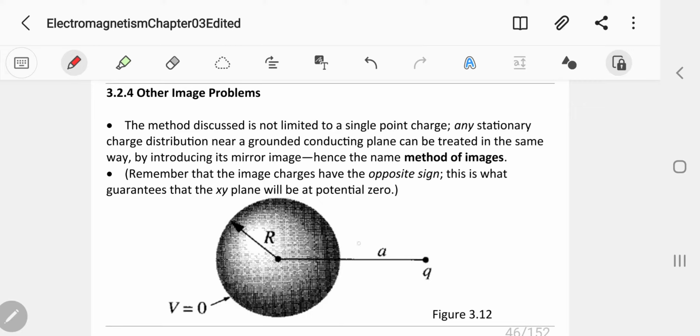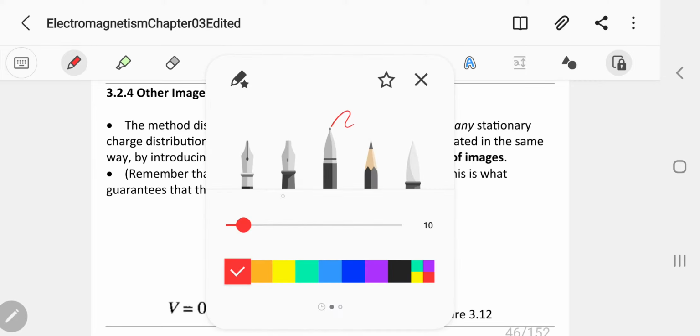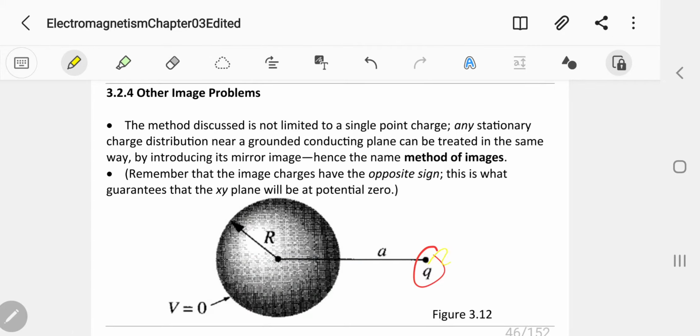So here you have a charge Q placed outside the sphere, and this should induce a negative charge on the surface of the sphere.